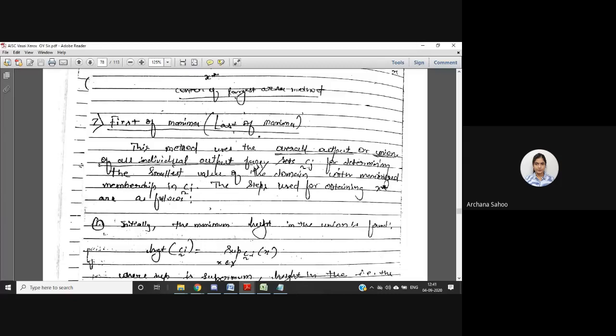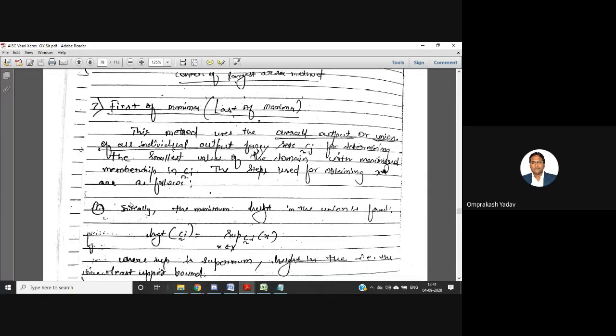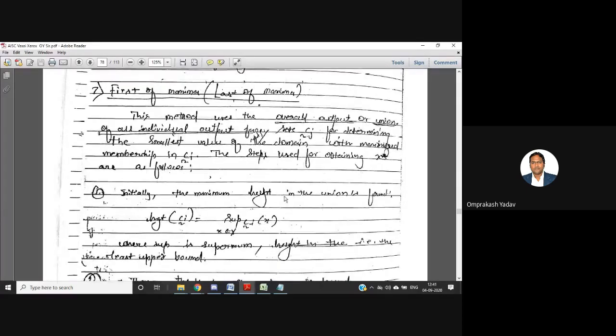Sir, can you just say what is written in the formula? Yes, sir. Okay, let's see. Here, what we do is, initially the maximum height in the union is found. That is found by using the height function, where we find the supremum of C_i(x), the whole area.